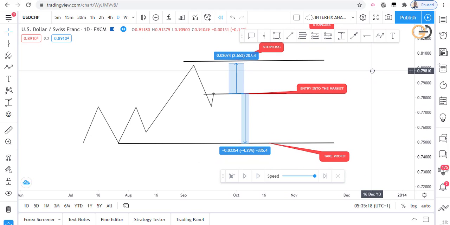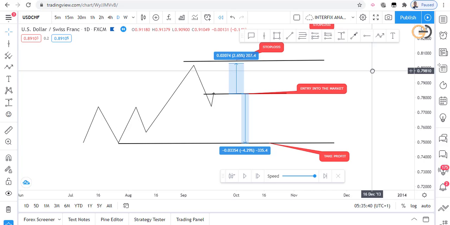Don't risk more than you can lose, because if you want to stay consistent in Forex, you've got to risk according to your account size, and then be ready to make money according to your account size.